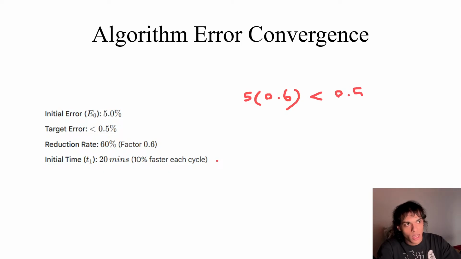For this to be less than 0.5, we need to know how many times we need to reduce the 5% by 60%. So this is going to be our n. We need to figure out the n here, right?